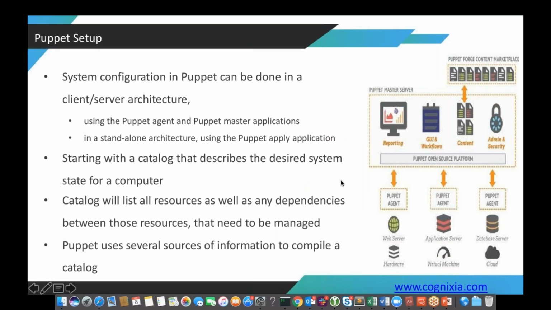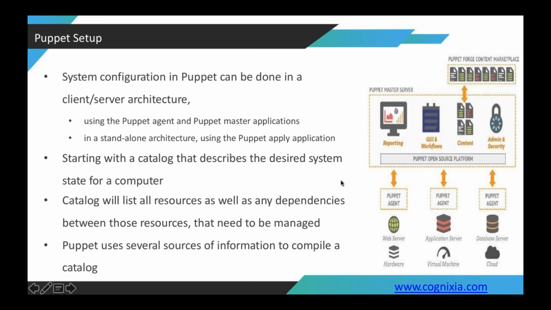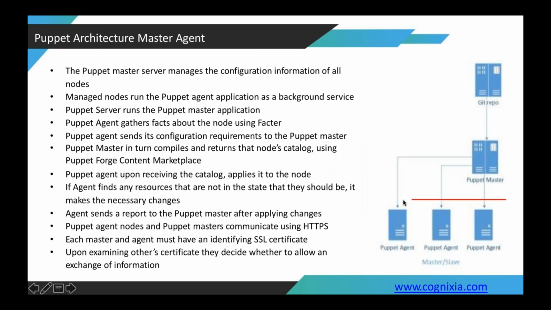Okay, and now here is a Puppet architecture of how Puppet will look in an enterprise. You first have multiple servers in your environment; this can be your dev, prod, stage, QA. There will be n number of servers depending on this.